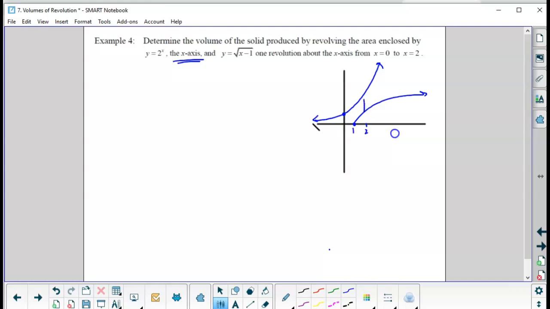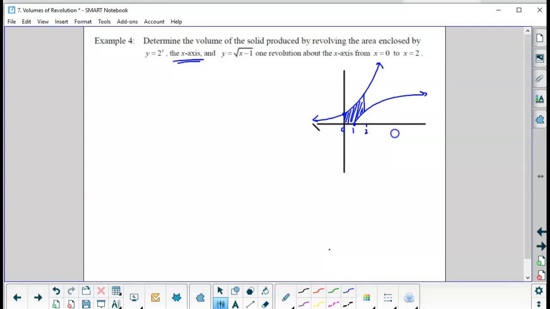So we're taking this and rotating it, okay? Think about if we just had y equals 2 to the x from 0 to 2, we would rotate that. Then what are we subtracting? We're subtracting the other function, root of x minus 1, just from 1 to 2.